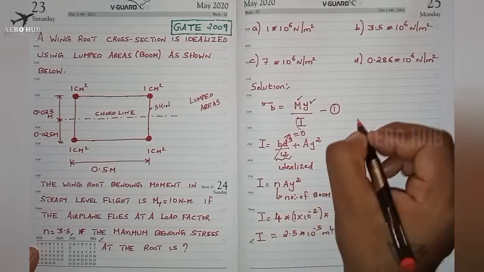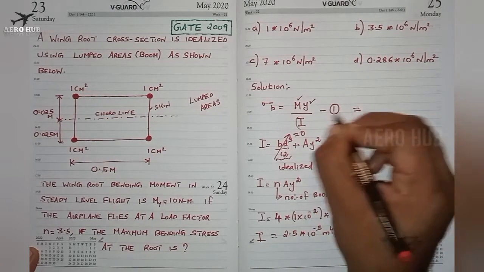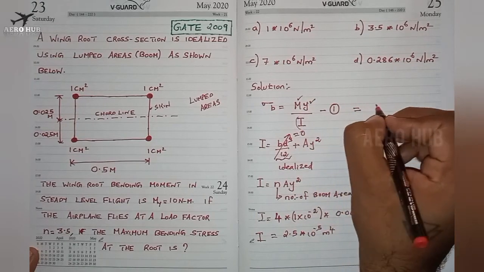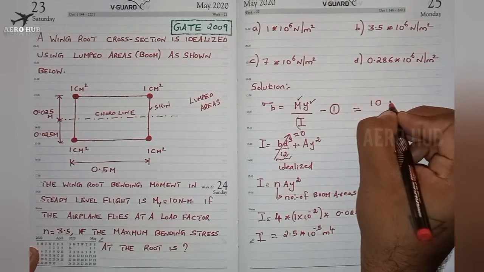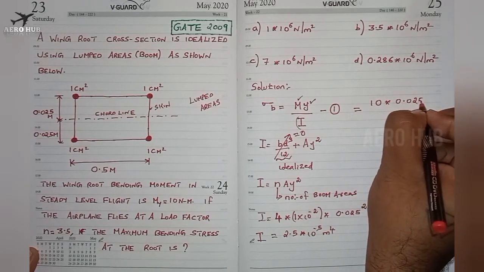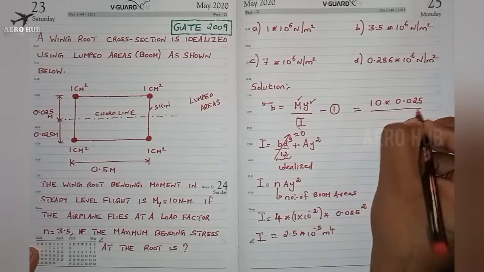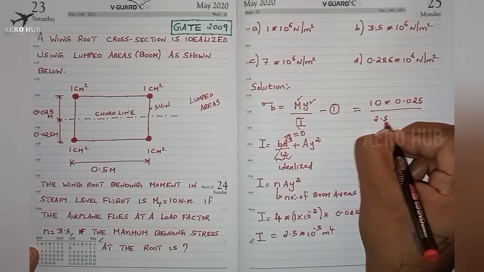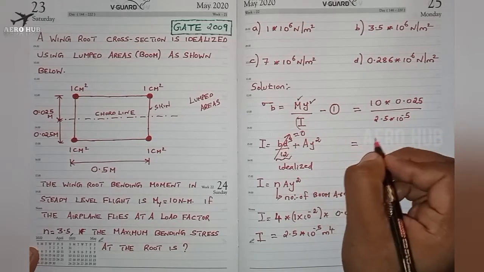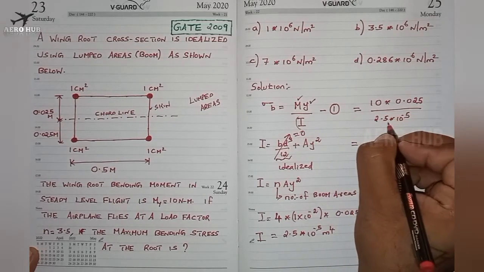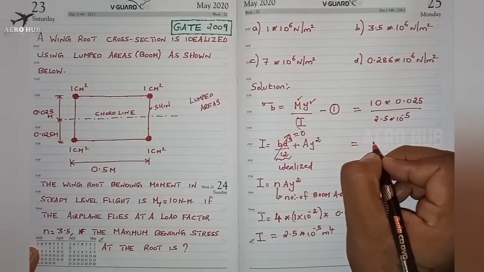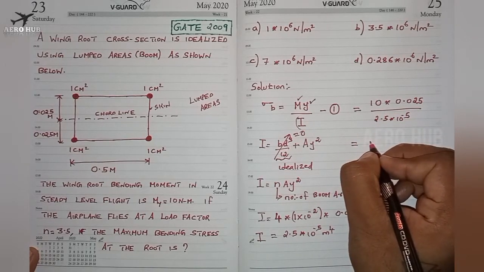Now I will substitute the value of moment, the value of y, and the moment of inertia. The value of moment is 10 and the value of y is 0.025, divided by 2.5 into 10 power minus 5. So this 2.5 goes out this side and this will be 10 power 6.